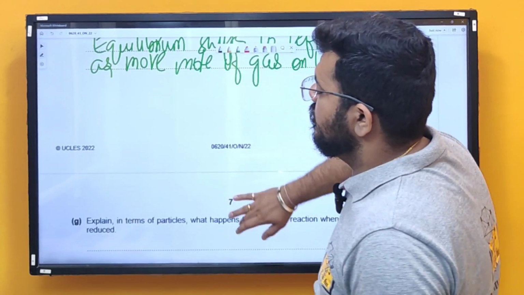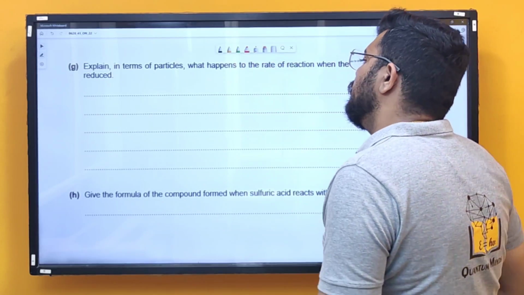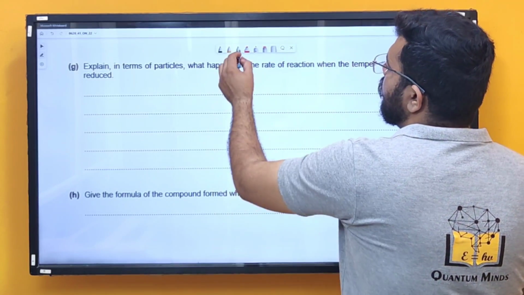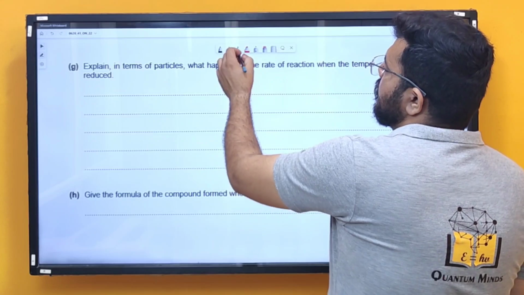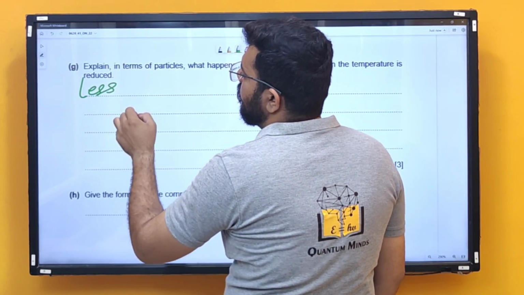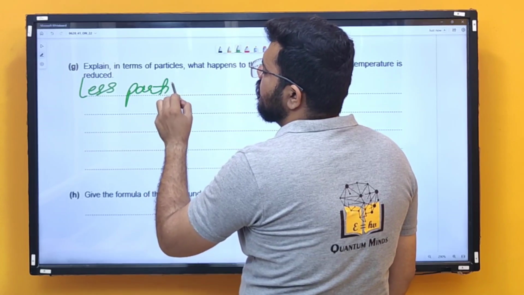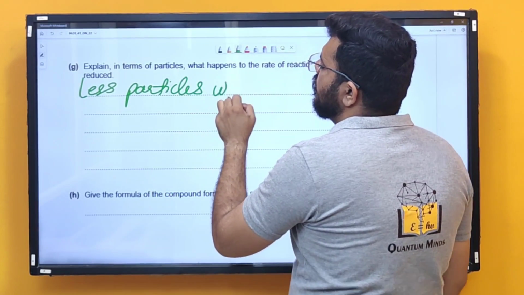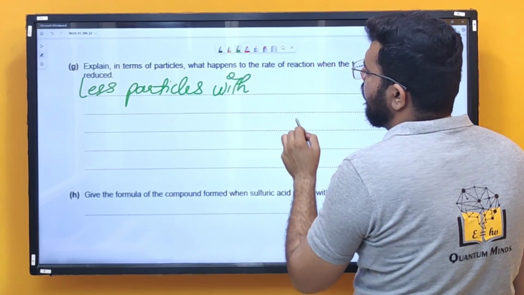Then next question we have: explain in terms of particles what happens to the rate of reaction when temperature is reduced. Fewer particles with enough energy to react, right?